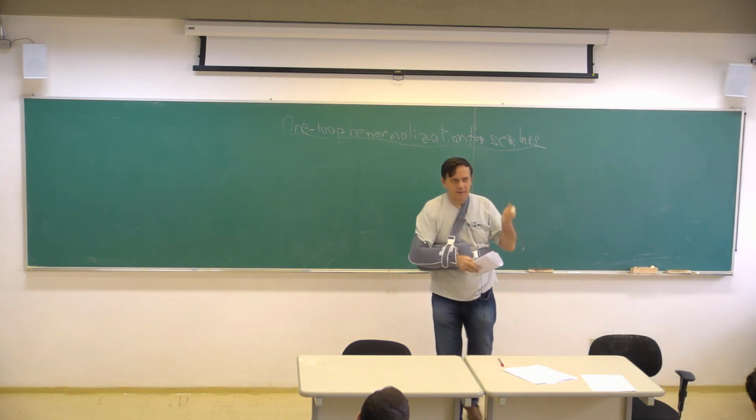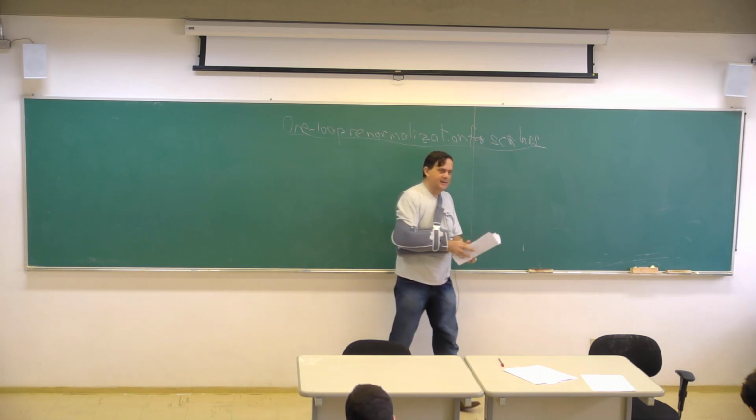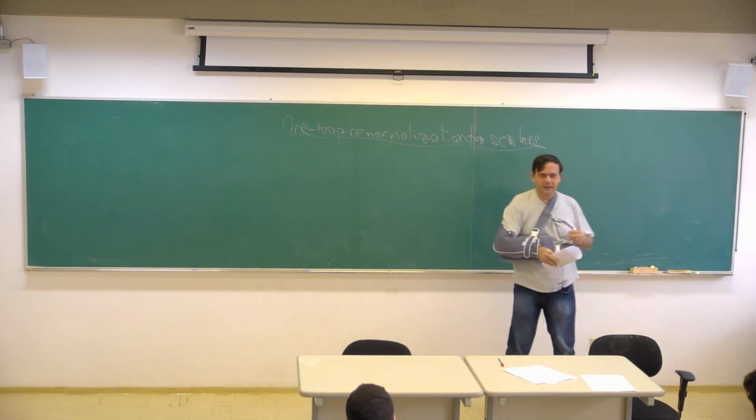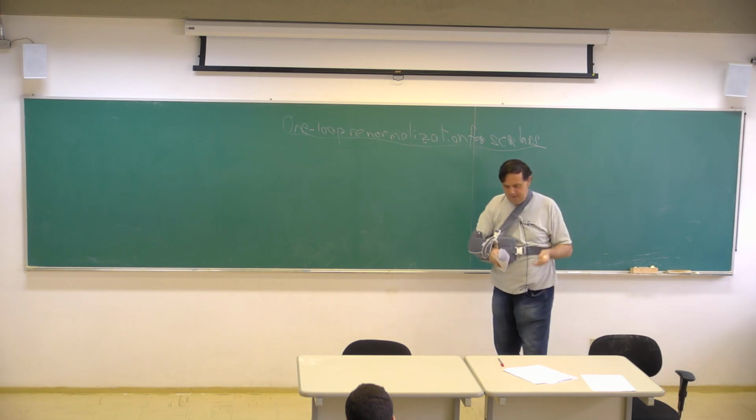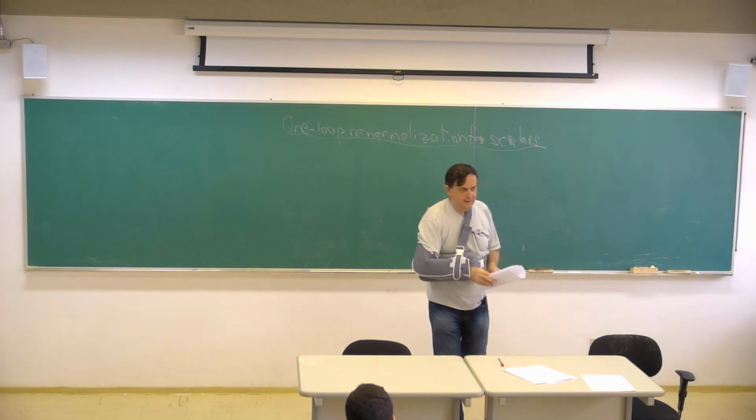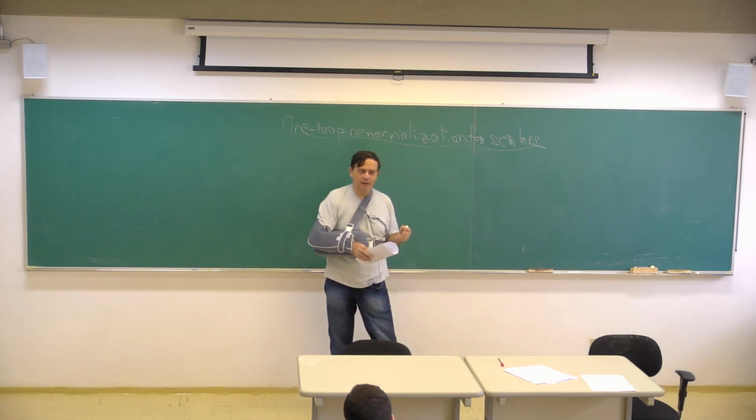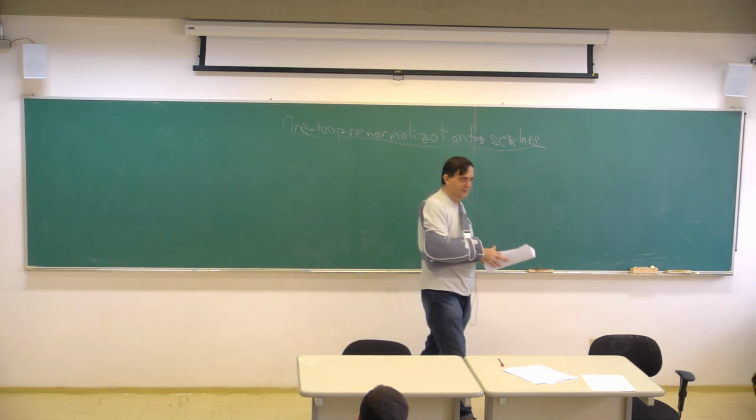So first, let's understand a little bit the logic. As I said, we have infinities that we can regularize, but then we have to hide them somehow in the parameters of the theory.